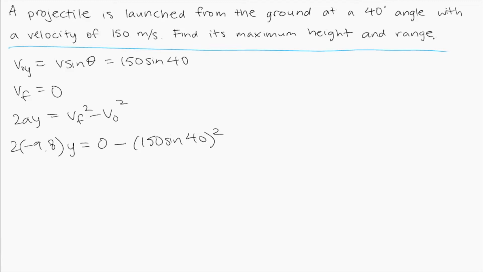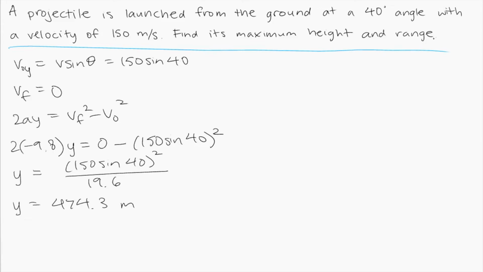Okay, and now we can divide to solve for y. And if you plug that into a calculator, I believe it gives you the answer 474.3 meters. So that's the maximum height.